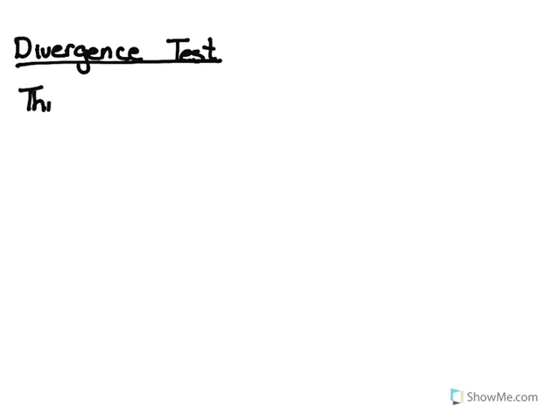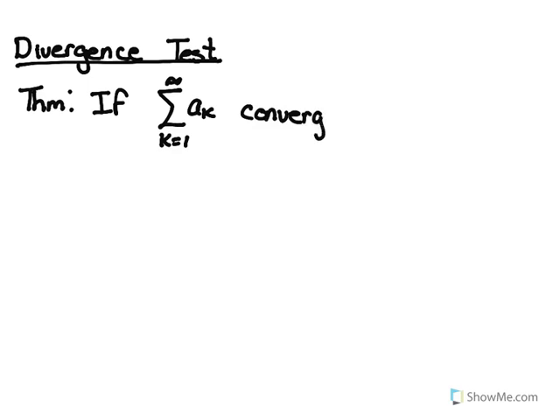So theorem. If a series sum of a_k starting at k equals 1 to infinity converges, then it is necessarily true that the limit of the sequence a_k must equal 0.